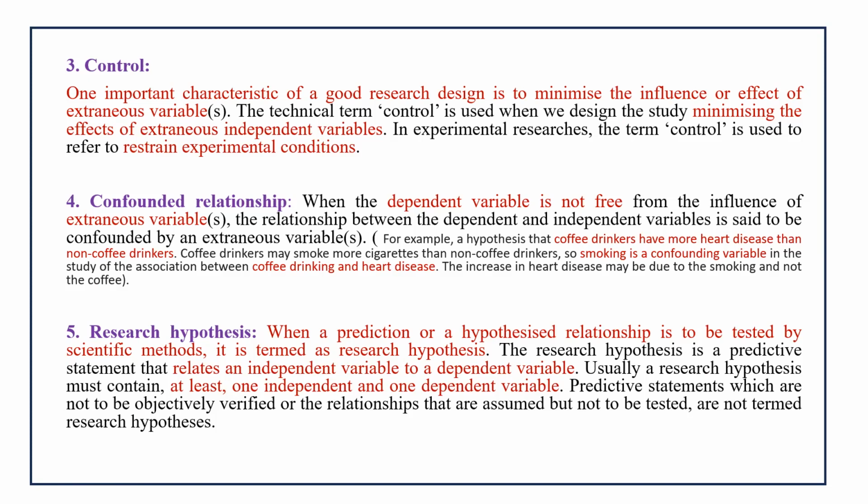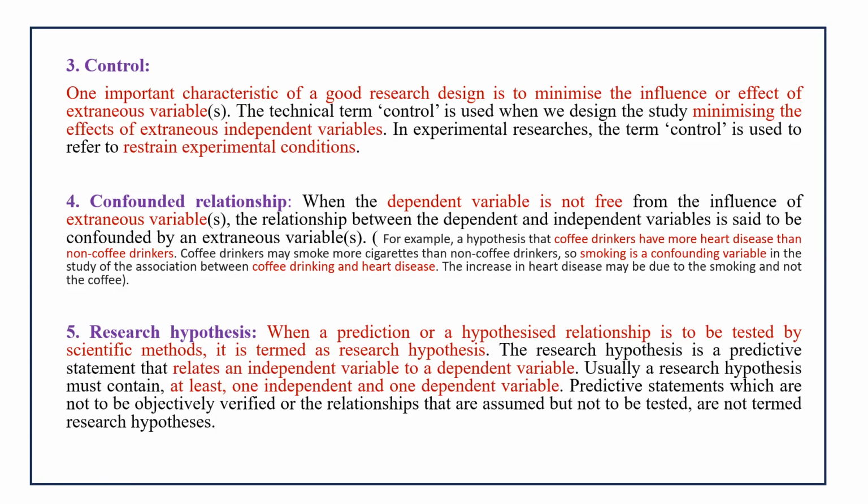Now, for example, suppose I make the hypothesis that coffee drinkers have more heart disease than non-coffee drinkers. Here coffee drinkers are having heart disease, that is what I am hypothesizing, and non-coffee drinkers are not having much heart disease. But a very big extraneous factor is important here: smoking.